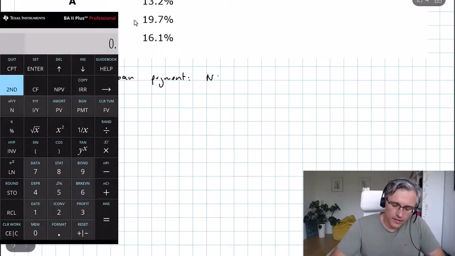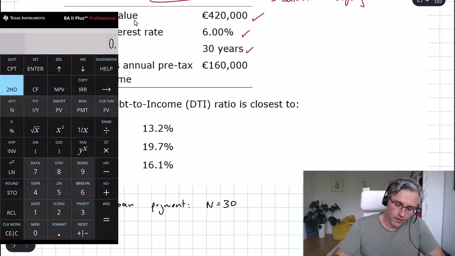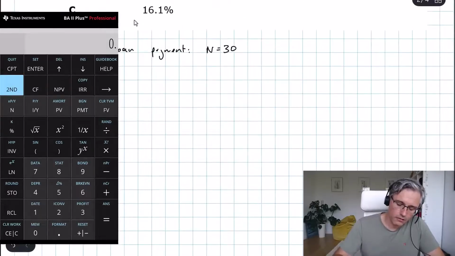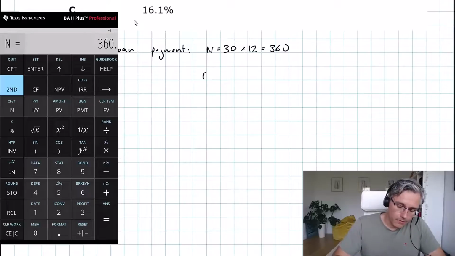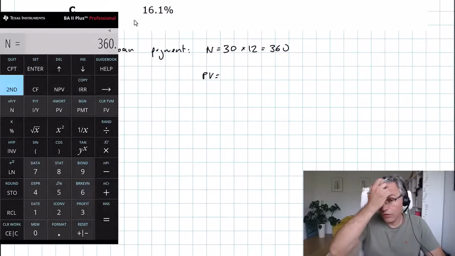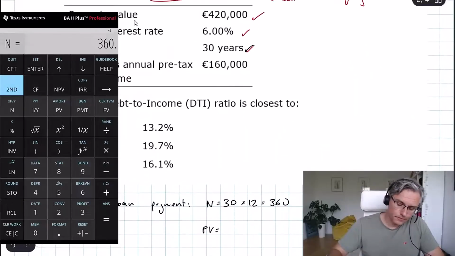For N, you're going to have 30, because it was supposed to be a 30-year loan, times 12, which will give us 360. 30 times 12 equals 360, make that the input for N. Now, for PV, you want the amount borrowed.